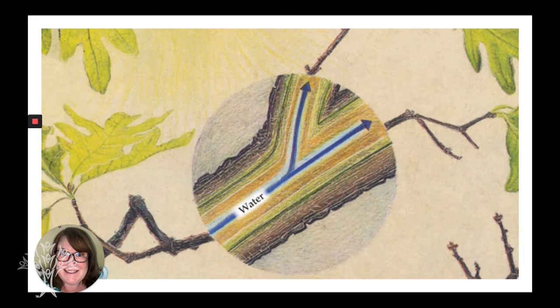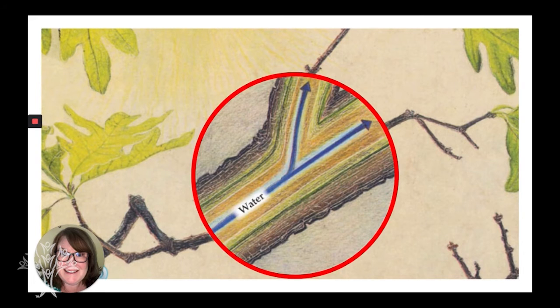Readers, I want you to look at this close-up. This picture shows a zoomed-in view of what happens in a branch. There's all the different parts of the inside as well as the tubes where the water travels to feed the tree. The author chose to do this so we could have a better idea of how the tree works.